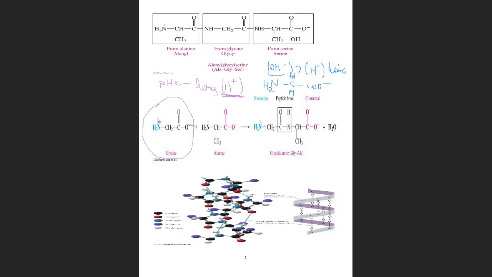And what happens if we have an acidic pH? An acidic pH means that the concentration of protons is higher than the concentration of hydroxide ions.